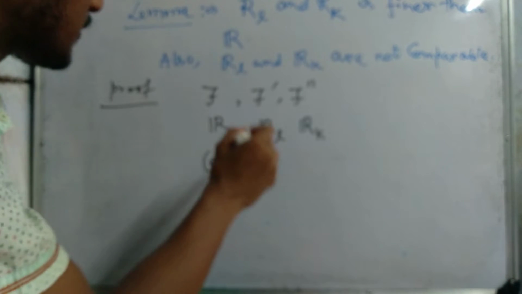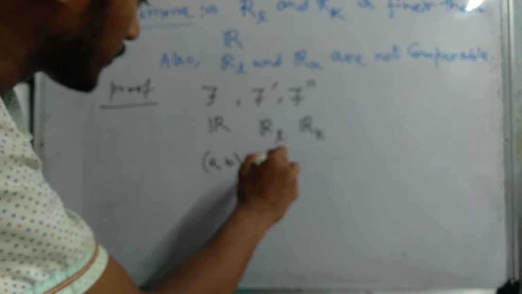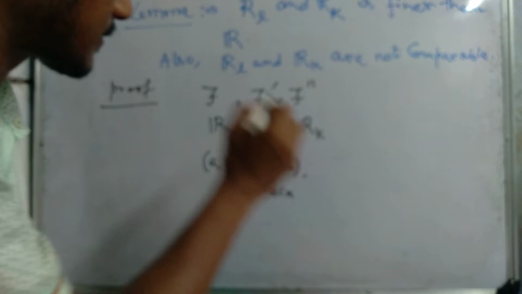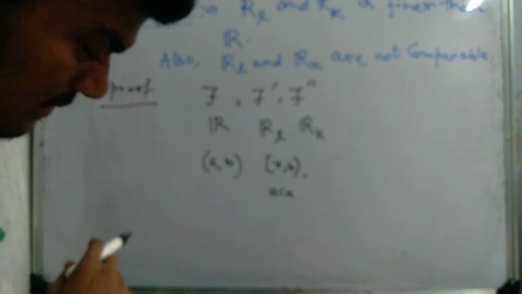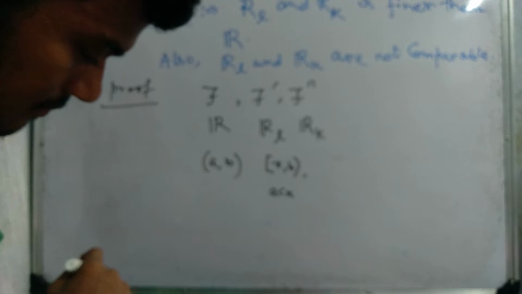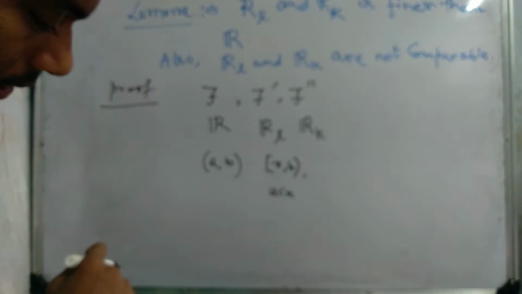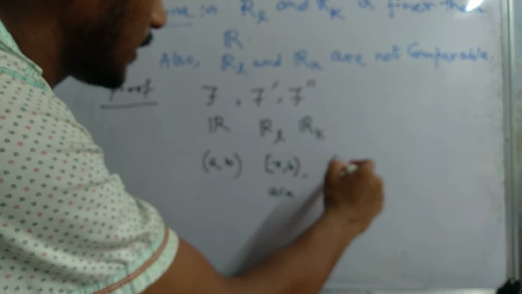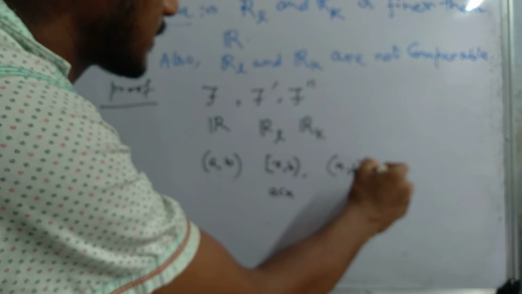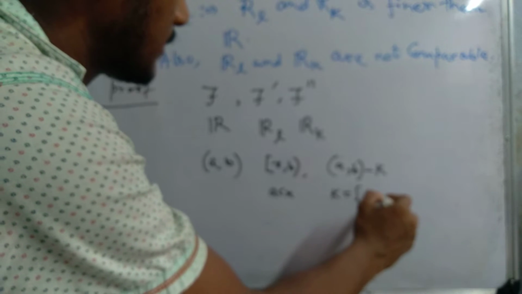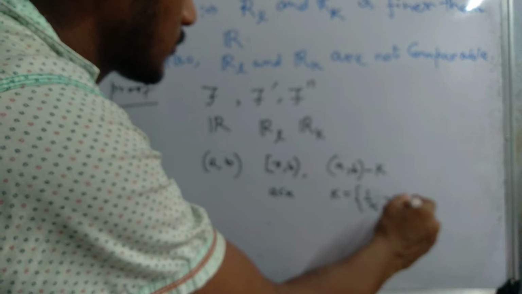Then we know that a basis element here is of the form [x, b) where a is less than x, and the basis elements here are of the form (a, b) minus K, where K equals the set of 1/n such that n belongs to Z plus.